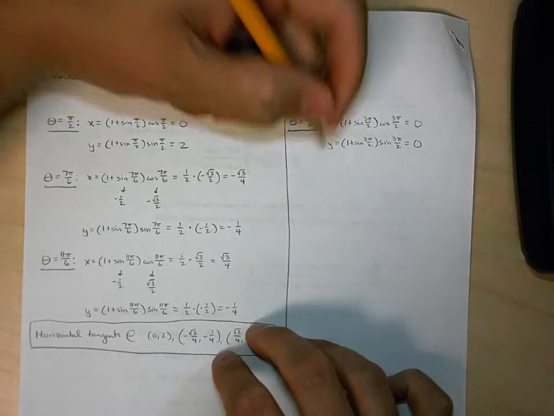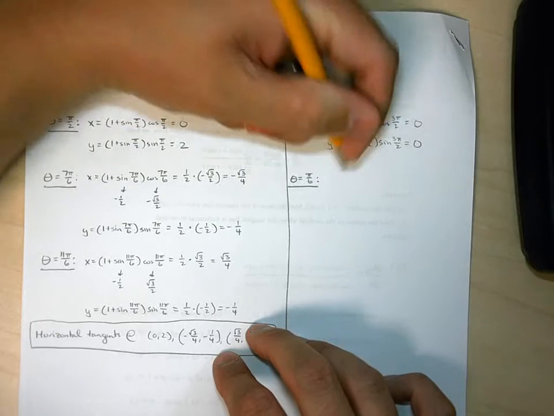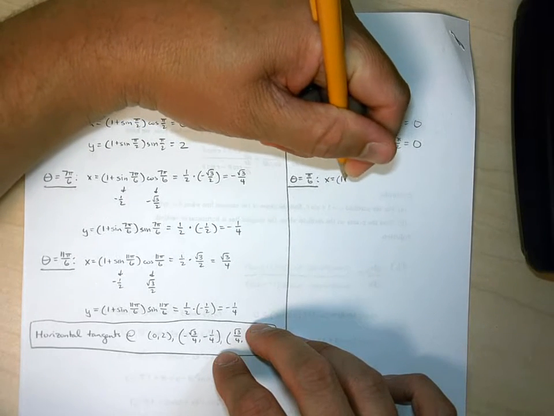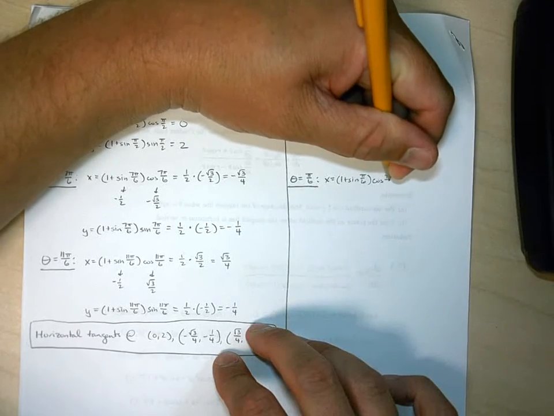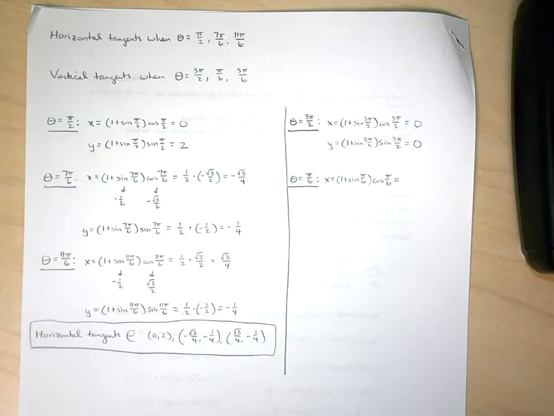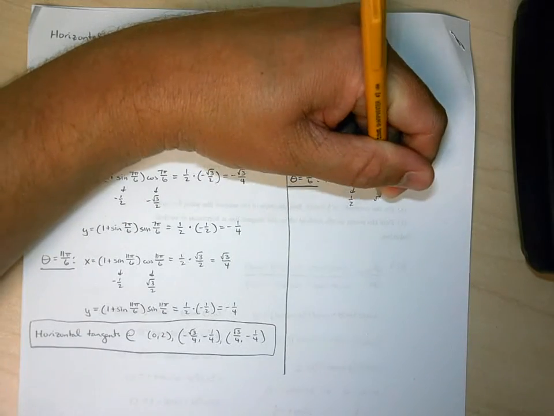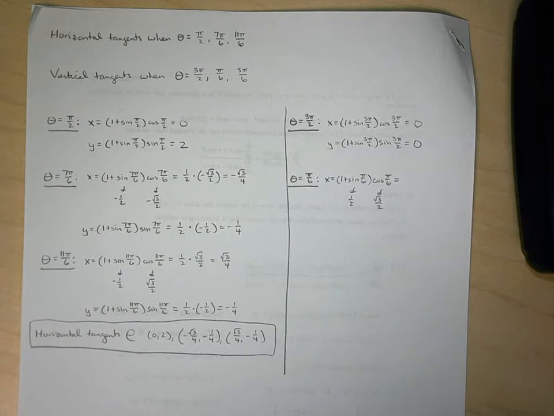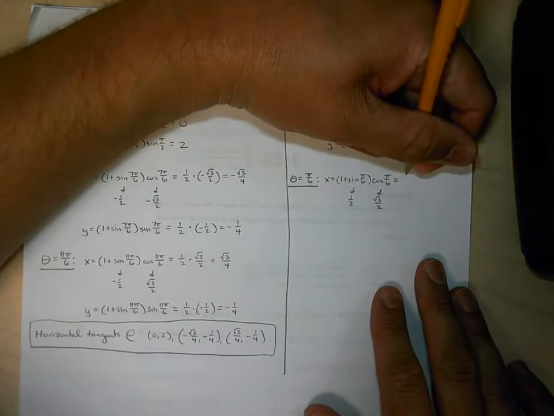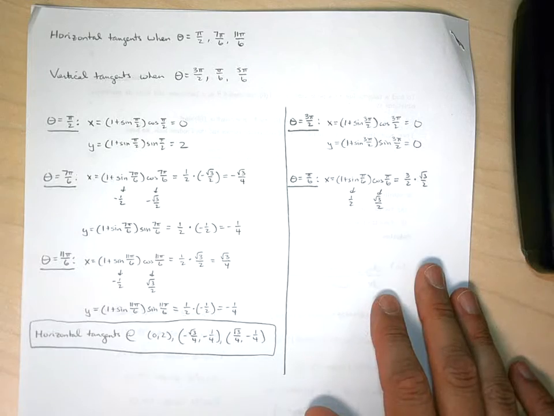At pi over 6, we're looking at x as 1 plus the sine of pi over 6 times the cosine of pi over 6. The sine of pi over 6 is 1/2. The cosine of pi over 6 is square root of 3 over 2. So here I'm looking at 1 plus half, that's 3/2, times the square root of 3 over 2.